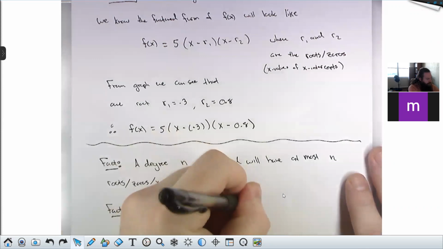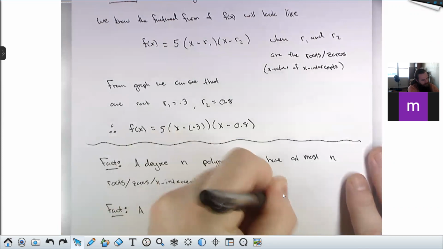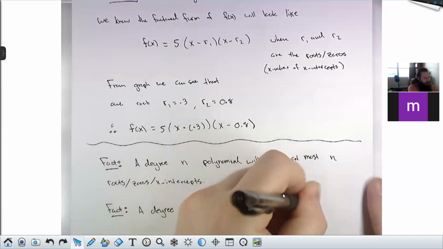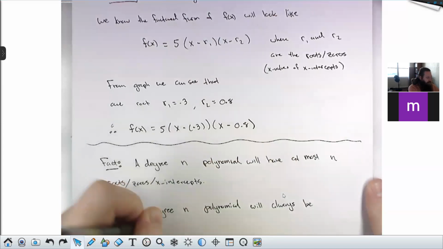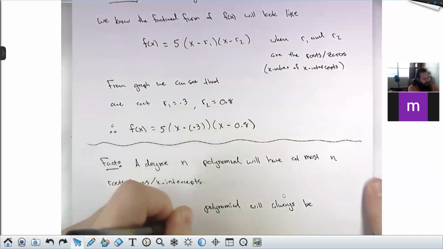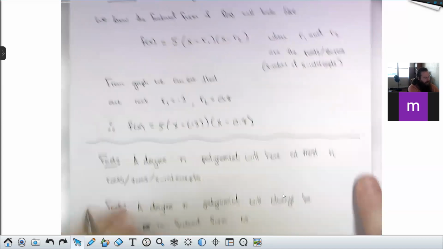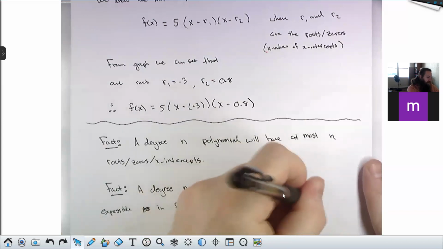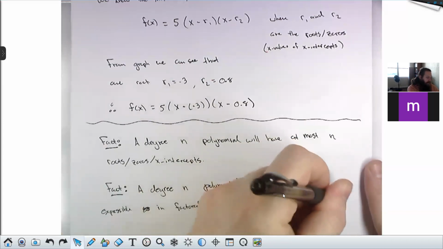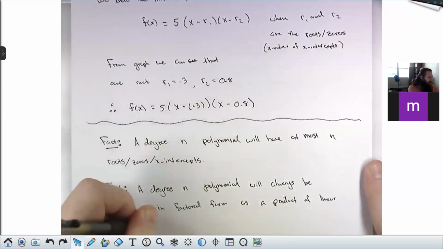Degree n polynomial will always be expressible in factored form as a product of linear factors coming from the roots.